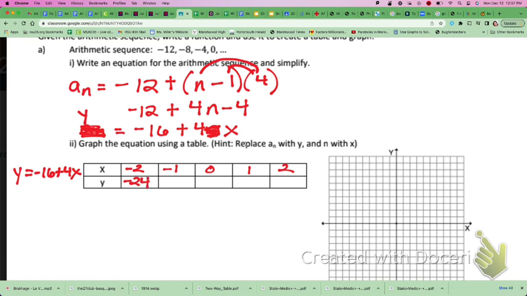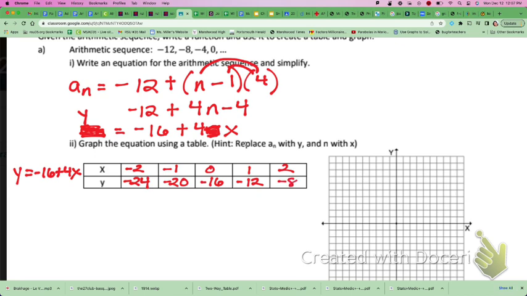That's not fitting on my graph. 4 times negative 1 is negative 4, and a negative 16 makes negative 20. 4 times 0 is 0, plus negative 16 is negative 16. 4 times 1 is 4, and negative 16 makes negative 12. 4 times 2 is 8, so negative 8.